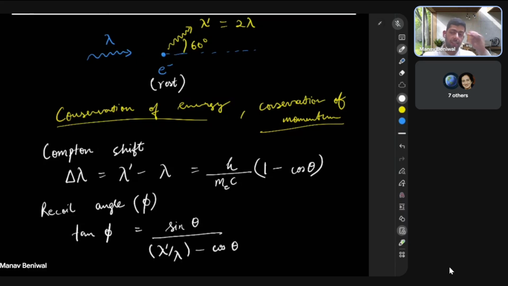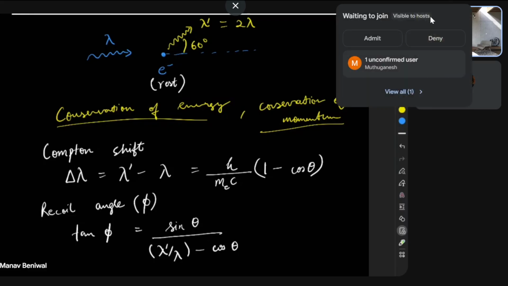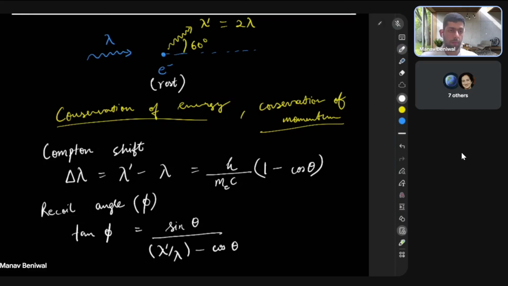So phi is the scattering angle of the electron, whereas theta is the scattering angle of the photon.